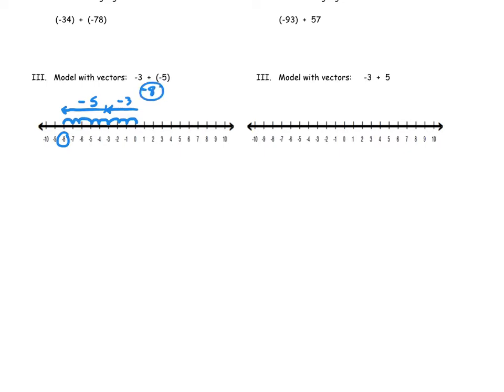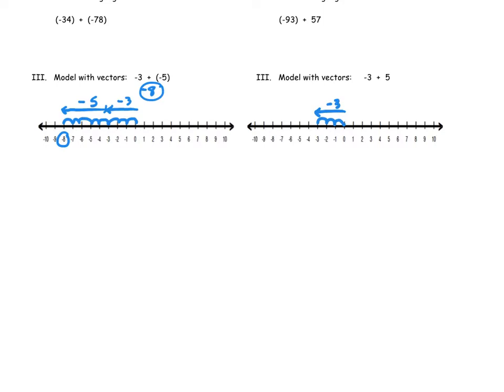So if I look at this next example, I'm going to use -3 and +5. So these are different sign numbers. But the process that we do starts the same way. I start at 0. Since it's -3, I go to the left 3. And here is my vector that shows that this is a model of -3. Now here's the difference.